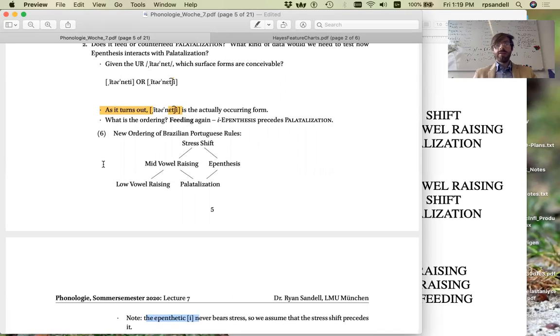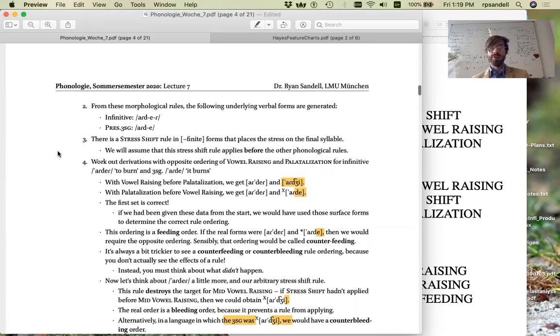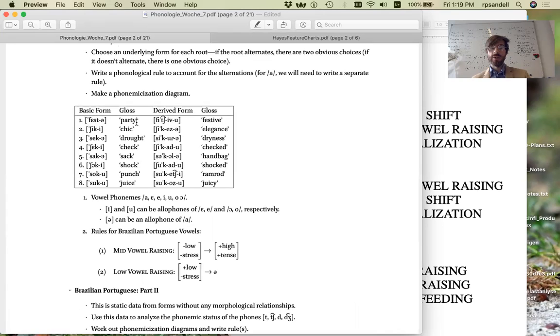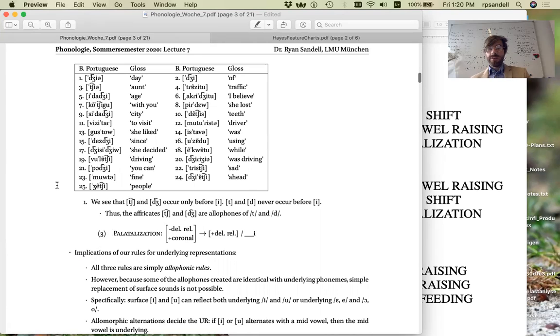Okay, so that essentially covers our example in Brazilian Portuguese. We began by looking at some alternations in the forms of stems, and on the basis of those alternations, we were able to establish some allophonic processes for vowels. And then, just by looking at some static data and looking at the distribution of coronal stops and palato-alveolar affricates, alveolar stops rather, we were able to establish a process of palatalization.